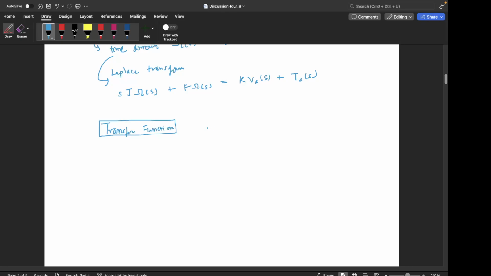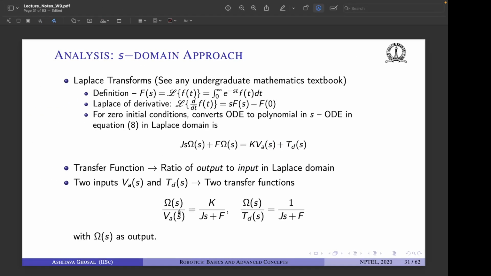It's simply the ratio of output to input. If you know your output and your input, you can collect the terms in an equation and write output by input is equal to a certain fraction. That becomes your transfer function, and that is what we'll do here.